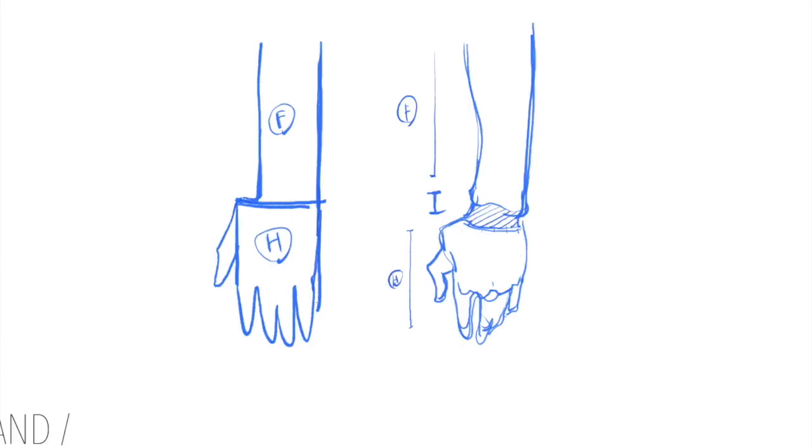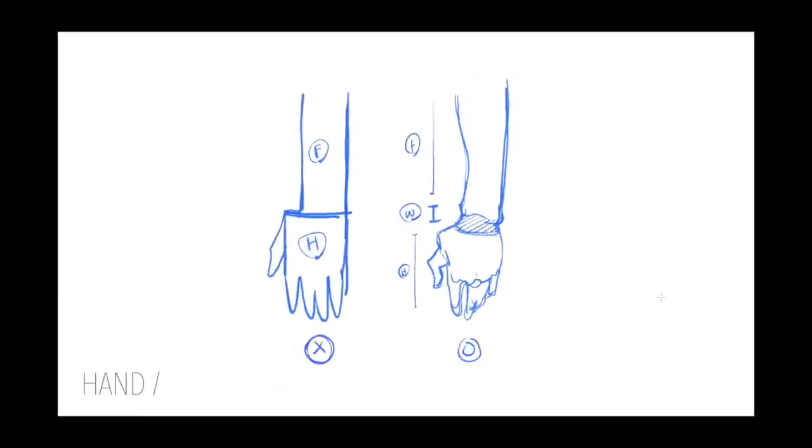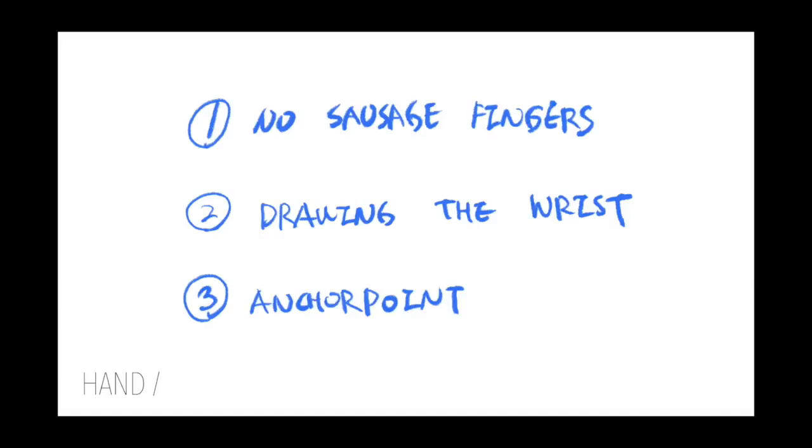So don't make it too much like a forearm into a hand. Don't make it too simple. Try to add a wrist area and show how it connects to the hand. My style is I usually draw the wrist longer than human anatomy in the ratio.